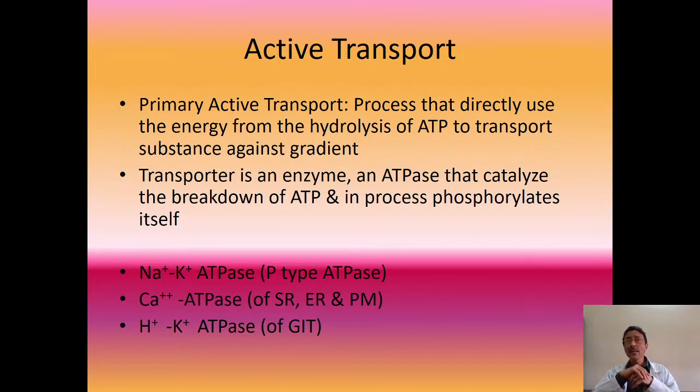So if the pH has to be 2, there has to be a high concentration of hydrogen ions in the stomach. This means the epithelium of the stomach has to secrete more hydrogen ions.